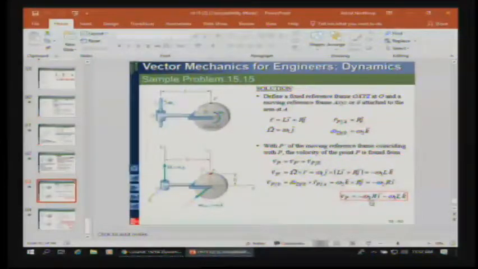So what we find is it's going to be equal to this value where omega 2 is on the disk and omega 1 is on the shaft. Now, another thing to consider, if this is the y-axis, and this is on the x-axis, and this is on the z-axis, the rotation here is going to be purely y.